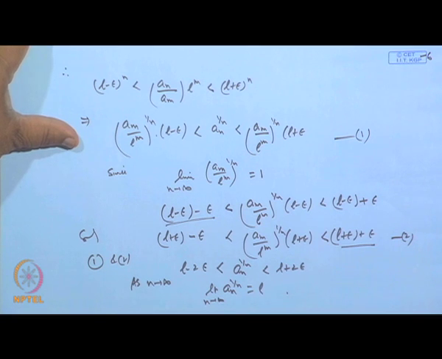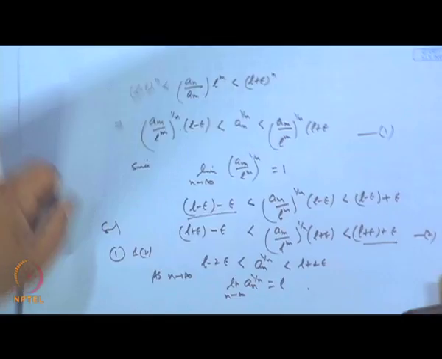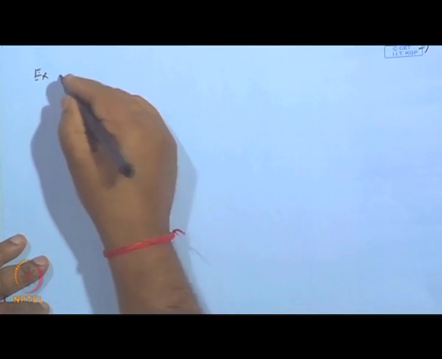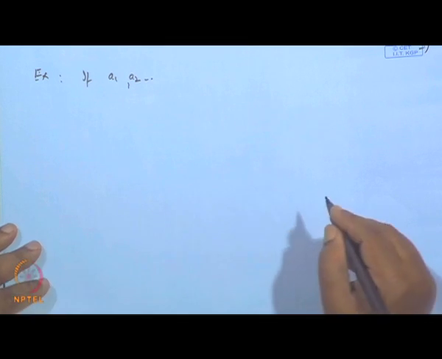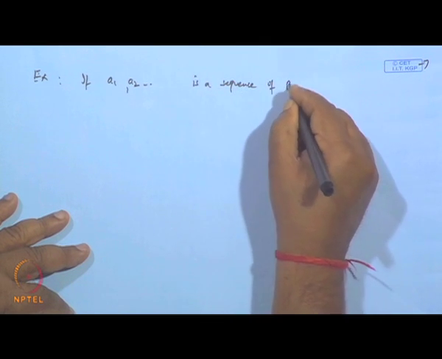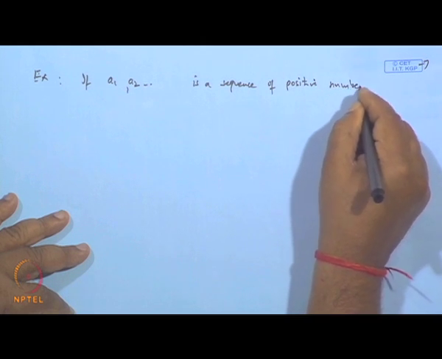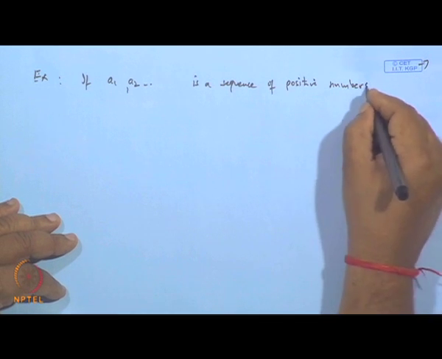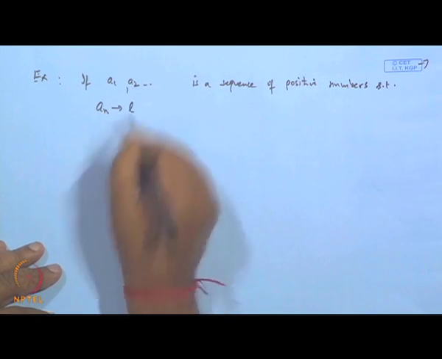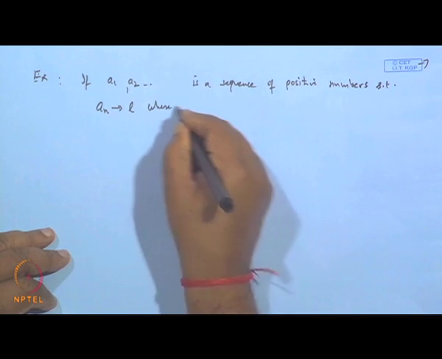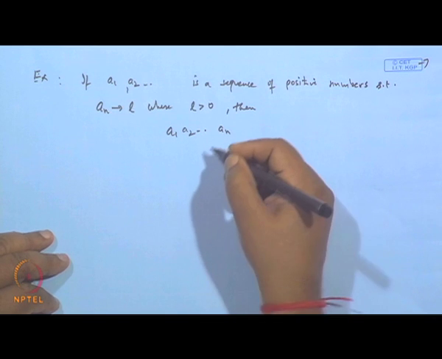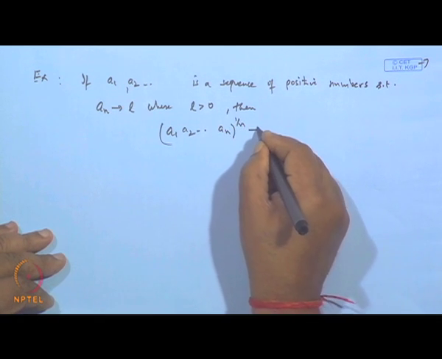As a corollary to these results, as an exercise we can say: if a_1, a_2, a_3, etc. is a sequence of positive numbers such that a_n goes to L, where L is greater than 0, then (a_1 a_2 ... a_n) raised to the power 1 by n goes to L.